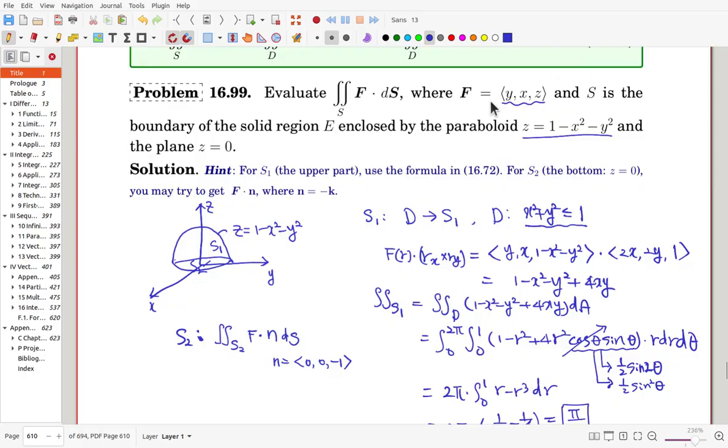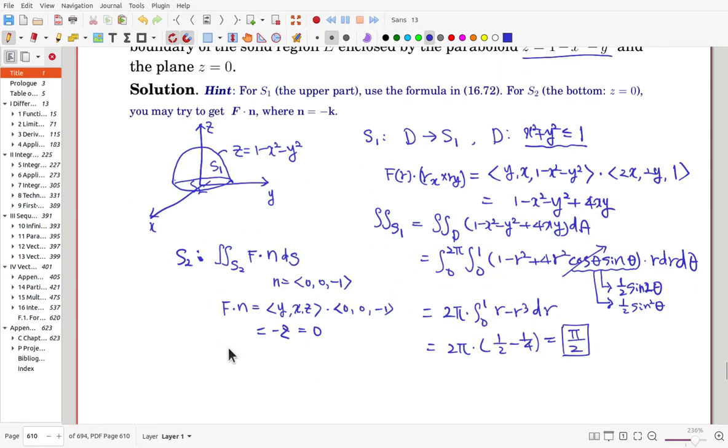And what is F? y, x, z. So the dot product F dot n is y, x, z with 0, 0, minus 1, which is the same as minus z. But on the bottom, the z value is 0, so that must be 0. So we have no contribution from the bottom. So the final answer must be the summation of these two, which is pi over 2.